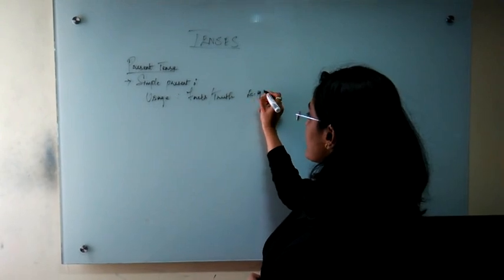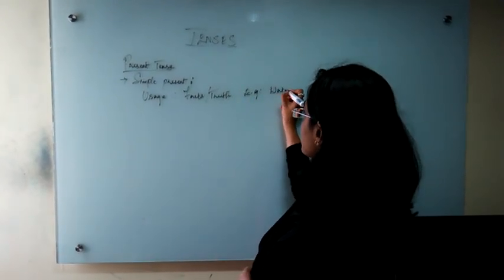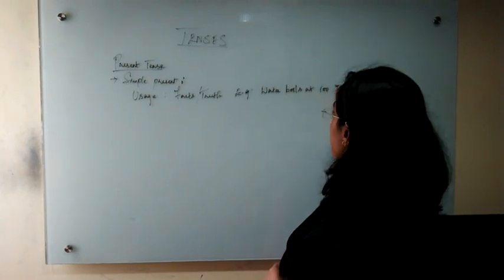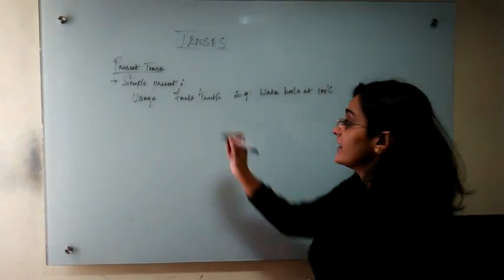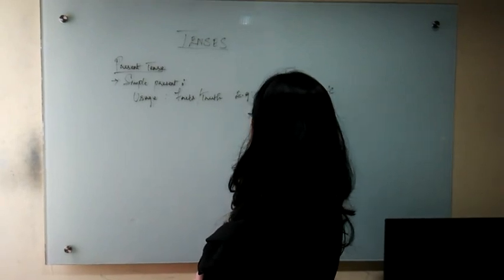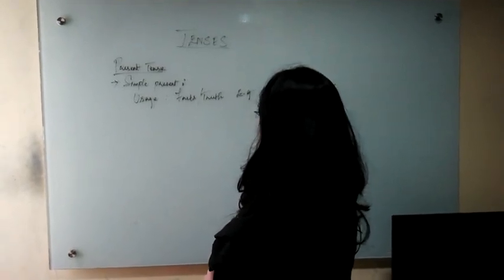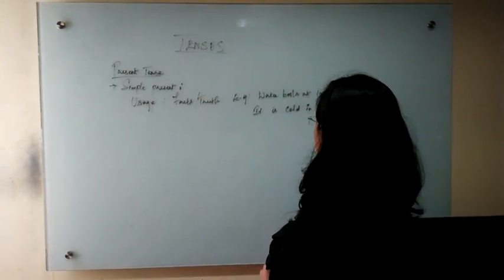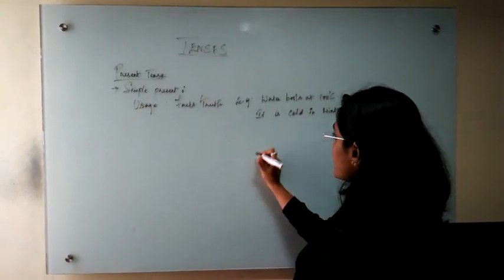So for this we can give examples like: water boils at 100 degrees centigrade. Then we have: it is cold in winter. It is cold in winter, that cannot be changed again.